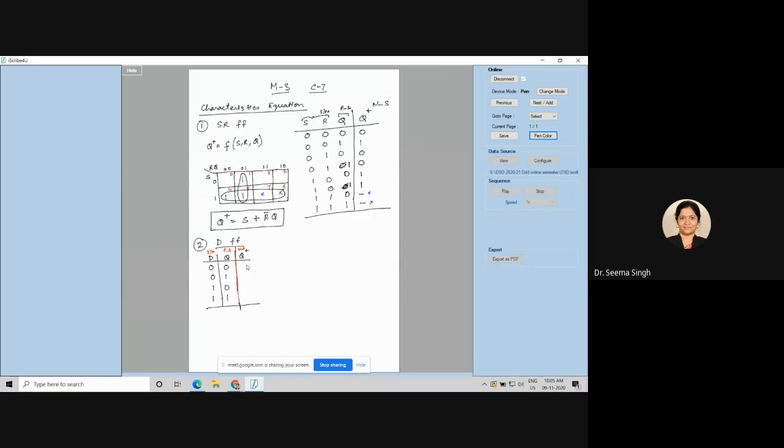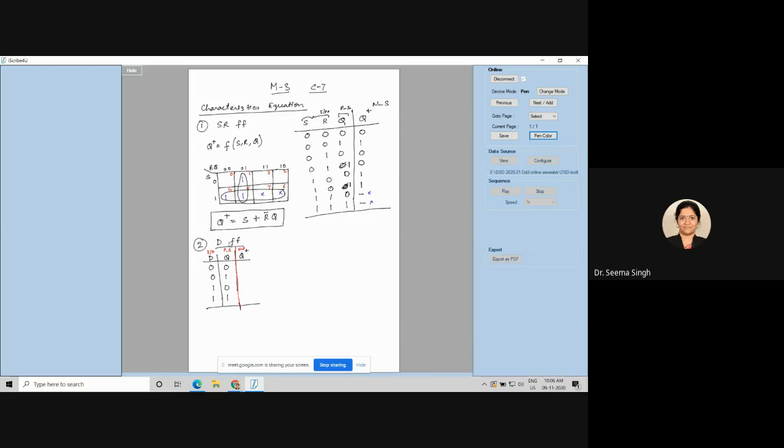You remember, for D flip-flop only the middle two rows will be active, right? It will be 0. See what happens: if D is 0, Q is 0, then in the next clock cycle, when the clock pulse comes, your output will become equal to input. And when output is equal to input, your present state does not matter.